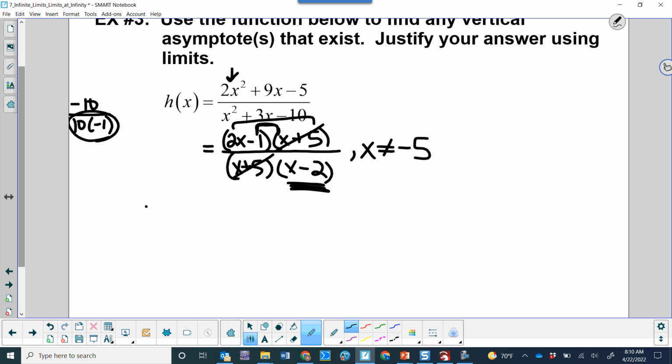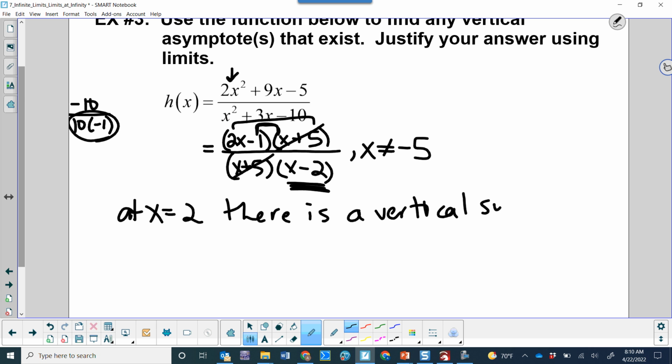So I would say at x equals 2, there is a vertical asymptote, then I give my reason. So in calculus, you have to learn to justify a lot.